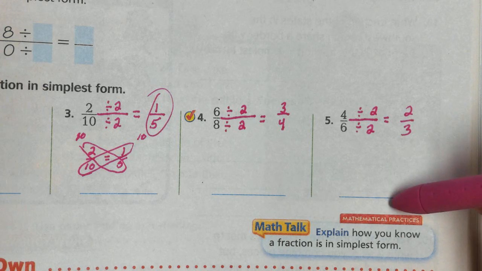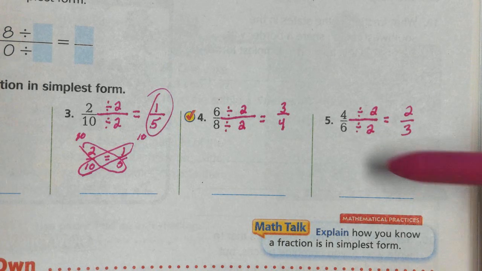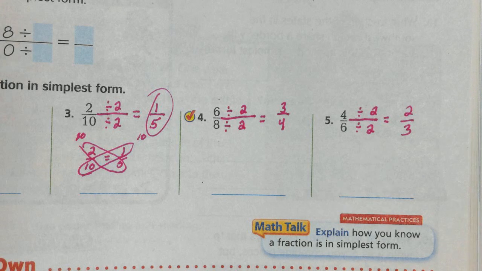You can write the answer on the blue line, but I've just been working it up there. You can, to double check. You do 4/6 and 2/3, yes. All right.